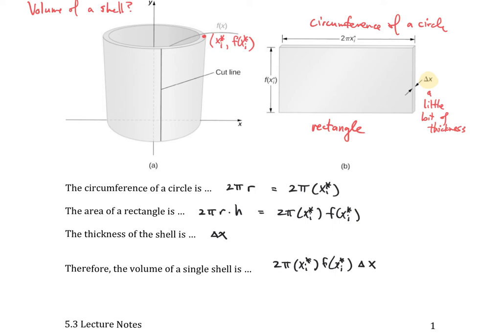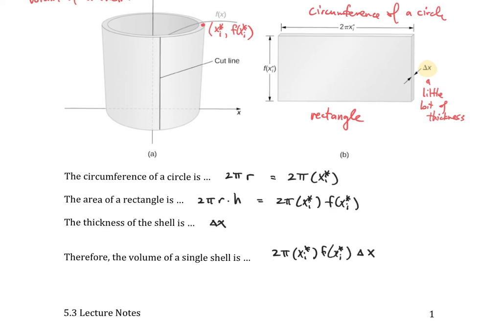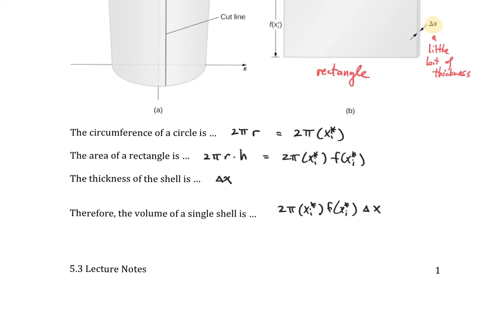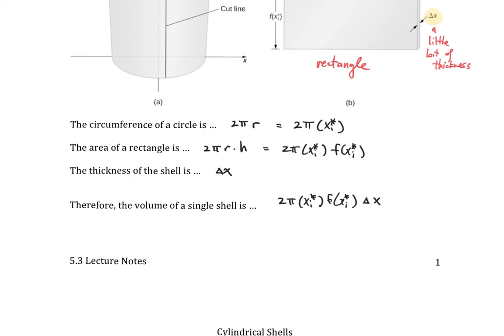So we can really put all of this together to get the formula for the volume of a solid of revolution. Our volume is really going to be the limit as n goes to infinity of the sum of a bunch of volumes of shells.